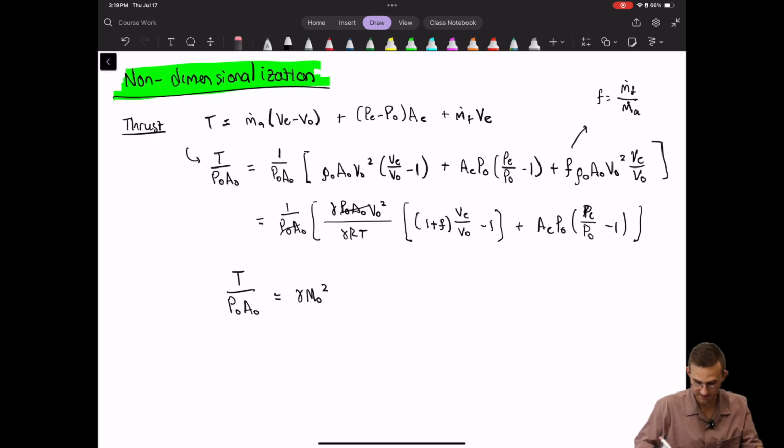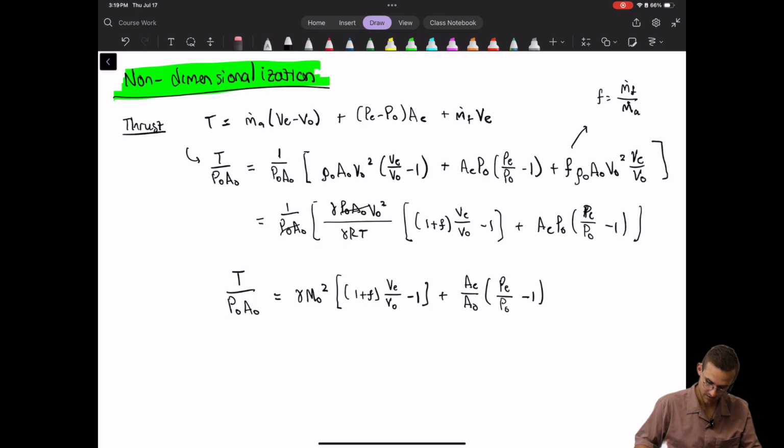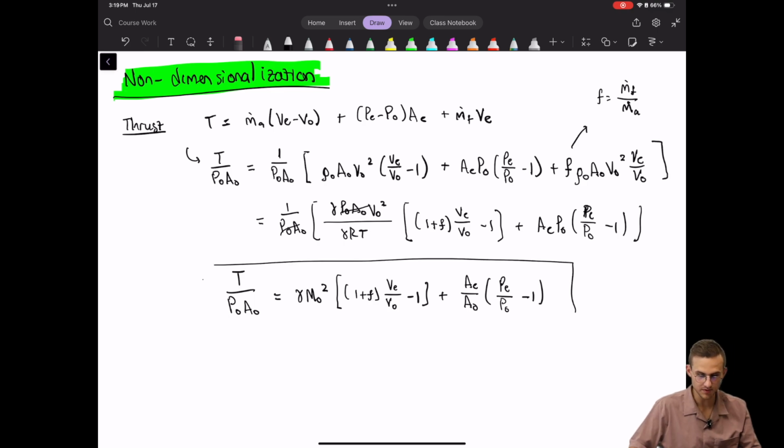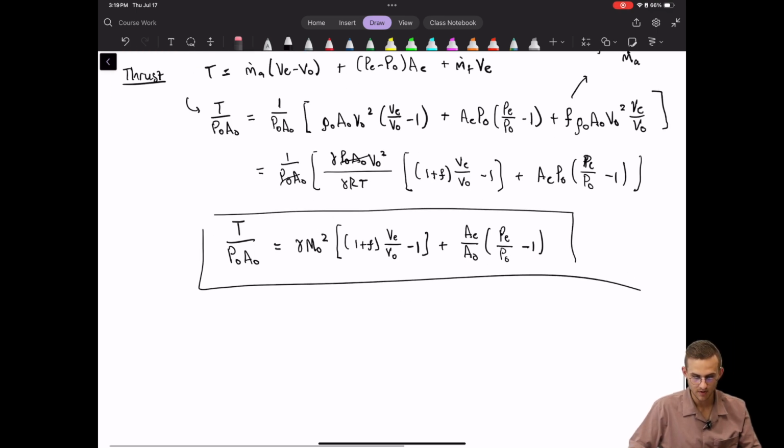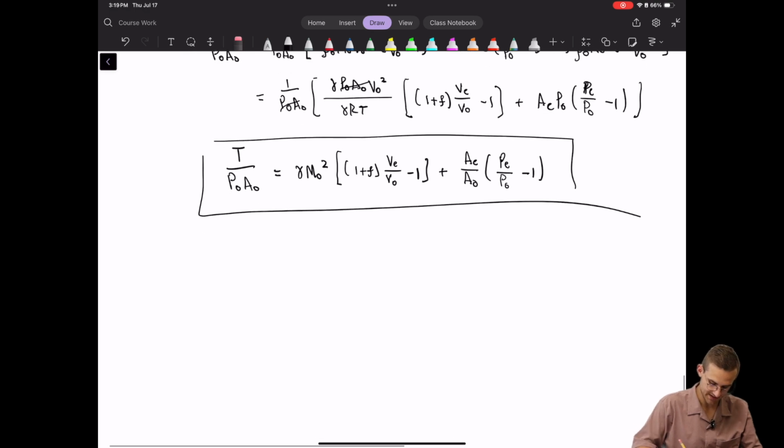So that's where the M naught squared is coming from, times the quantity 1 plus F times VE over V naught minus 1 plus AE over A naught times the quantity PE over P naught minus 1. Okay, so you'll use that equation quite often. And again, this A naught is a capture area, and we'll talk about that later.